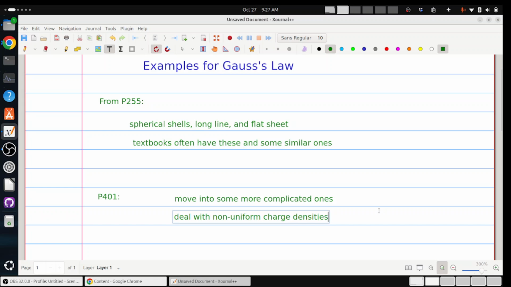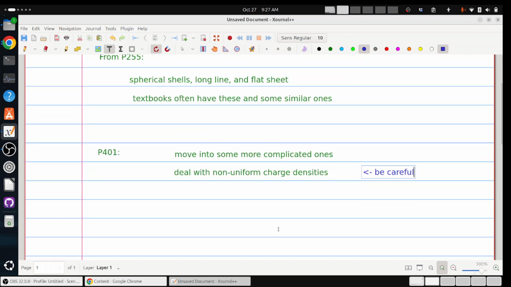Although we do have to be careful because depending on how it's non-uniform, it may break the symmetry. So we have to have non-uniform charge densities that maintain the charge symmetry that we need. Okay?